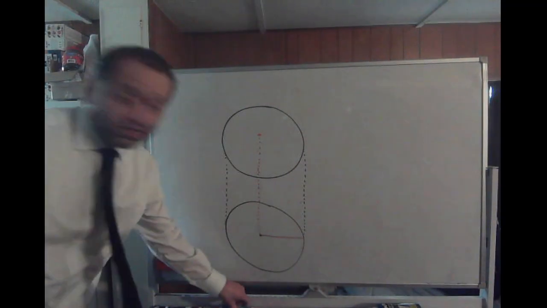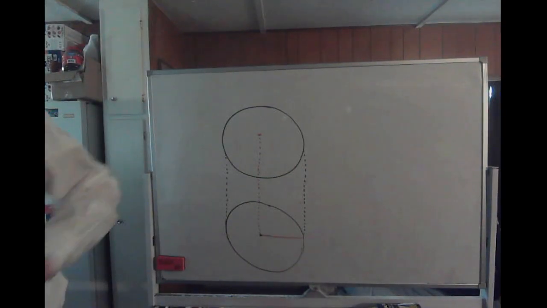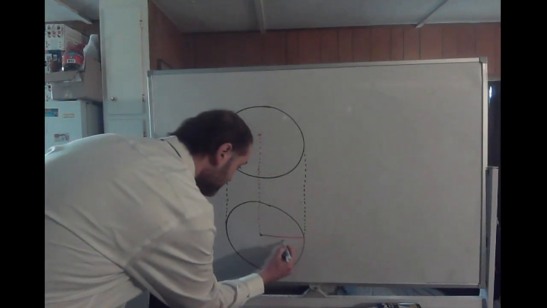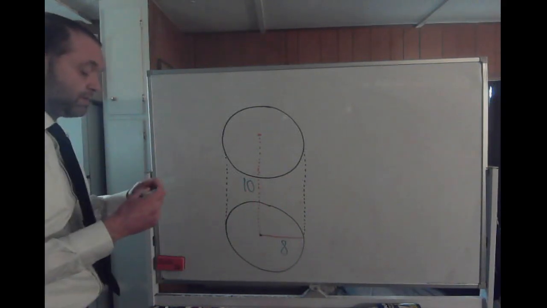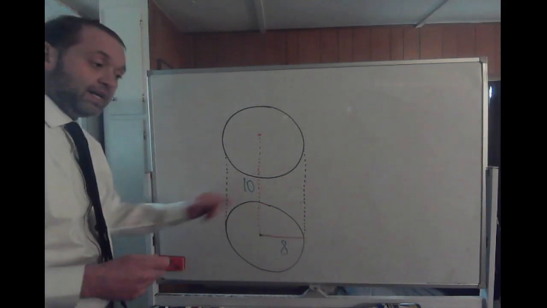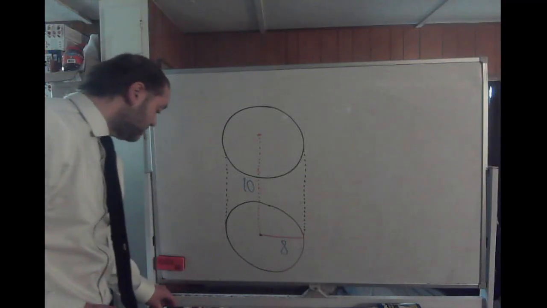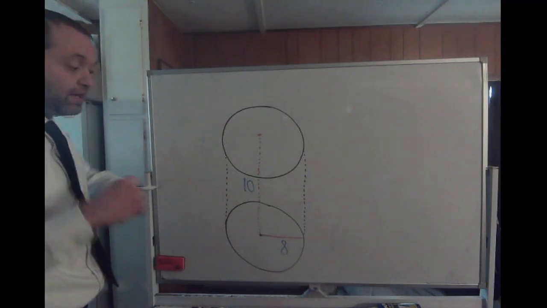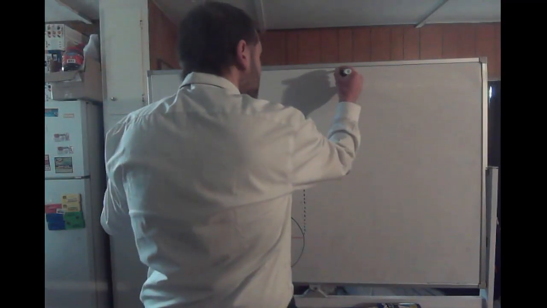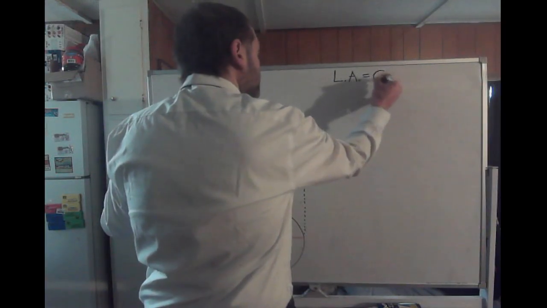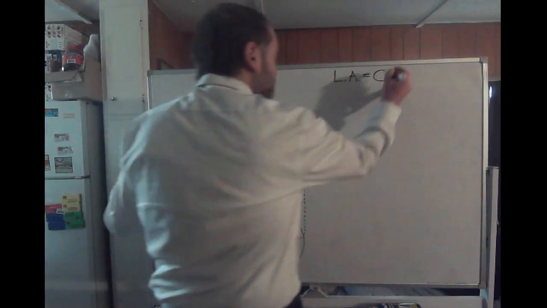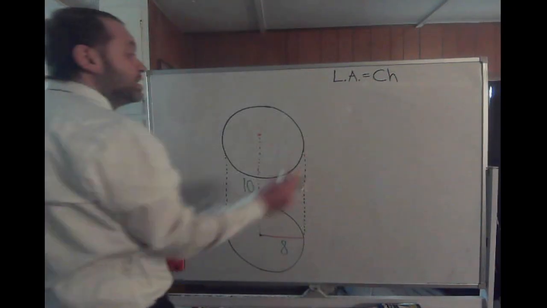Alright, so the next one we have a radius of 8 units and a height of 10 units for the cylinder. So the radius is 8, the height is 10. Well, let's go ahead, let's start with the lateral area. The lateral area of a cylinder, of course, equals the circumference of the base, of which is a circle, times the height of the cylinder.